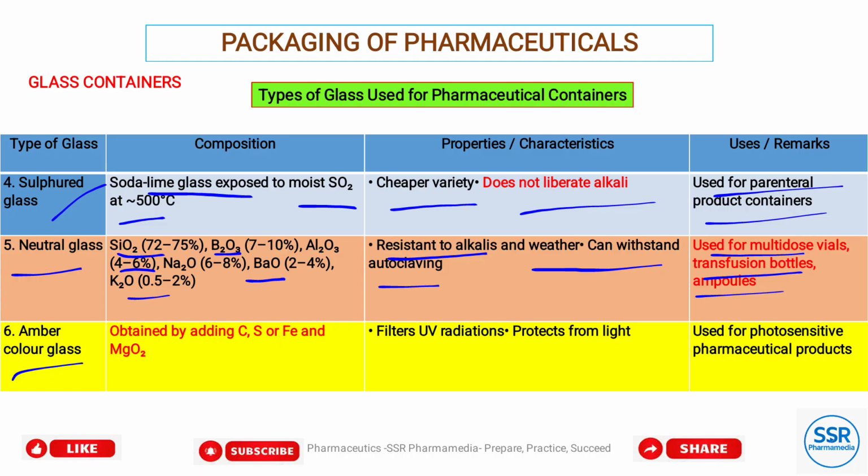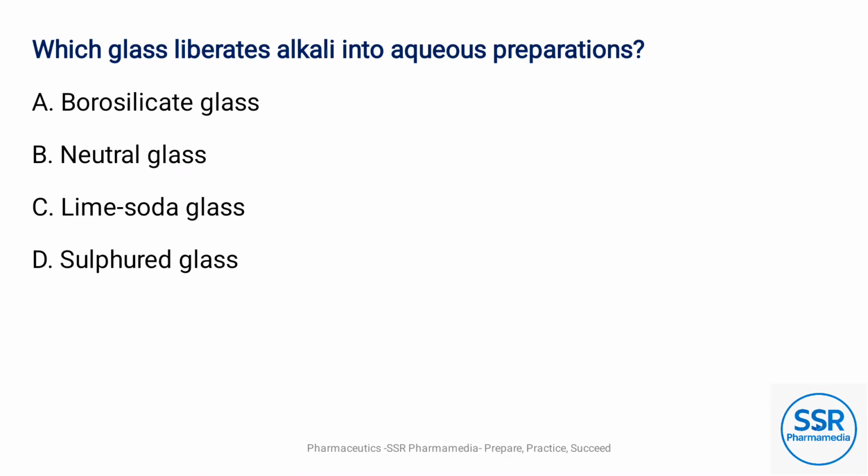Last one is amber color glass. It is obtained by adding carbon, sulfur, iron or magnesium dioxide. Its property is that it filters UV radiation and protects from light. So it is used for photosensitive pharmaceutical products.